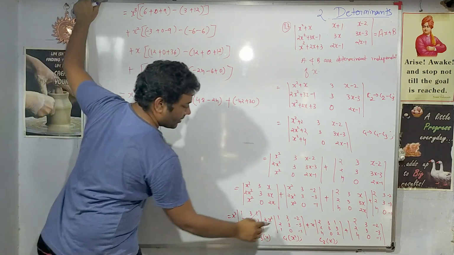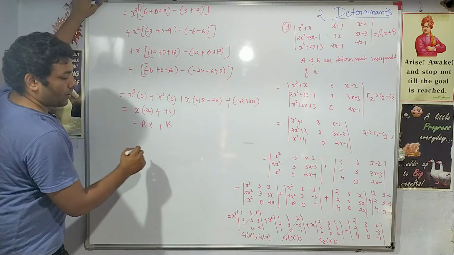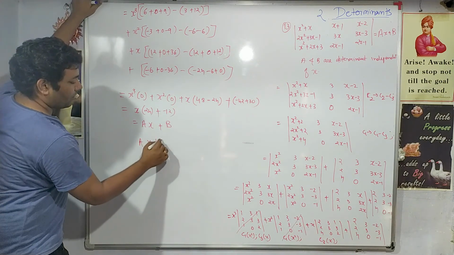This determinant is 0, this is also 0, so we obviously have the format of ax plus b.